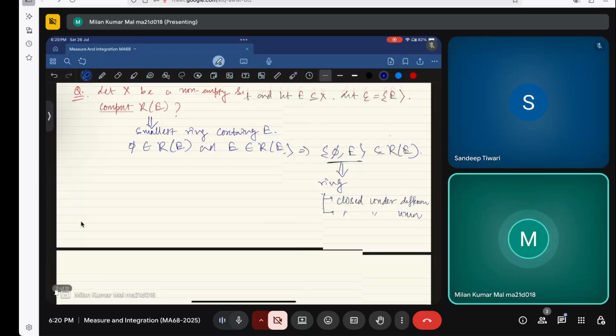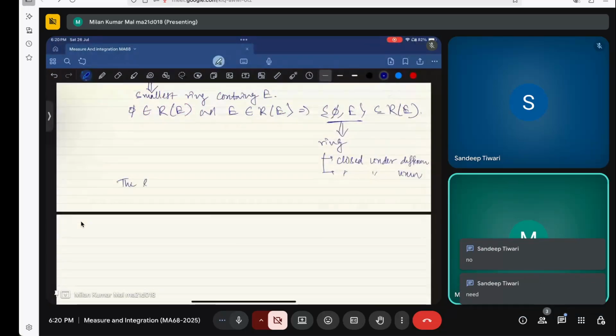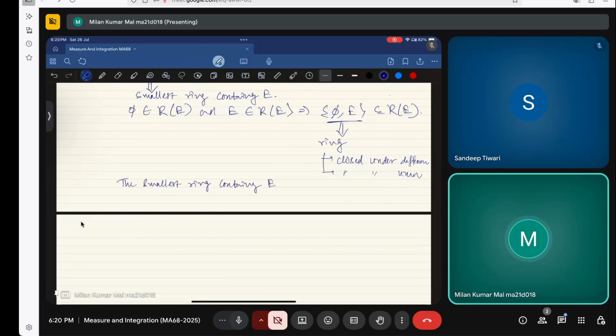But this is the smallest one, so the smallest ring containing E is the empty set and E. Okay, so this is the complete answer.